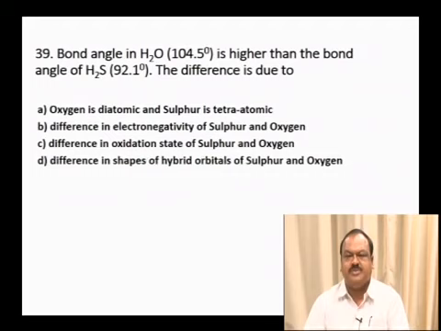Difference in shapes of hybrid orbitals of sulfur and oxygen. So, when we observe all the options, particularly the bond angle decreases due to the electronegativity of sulfur and oxygen. So, the suitable answer is B, difference in electronegativity of sulfur and oxygen.